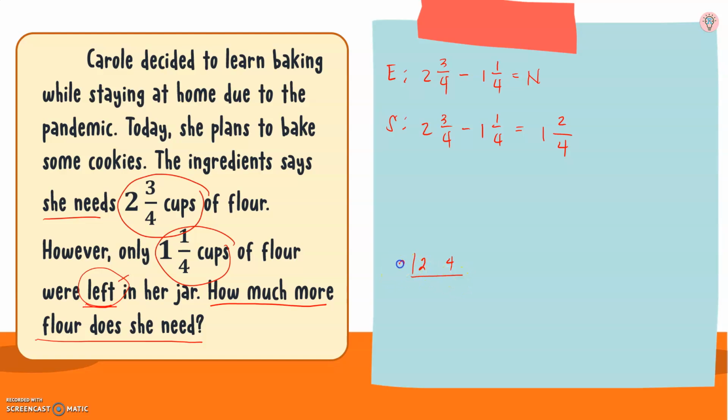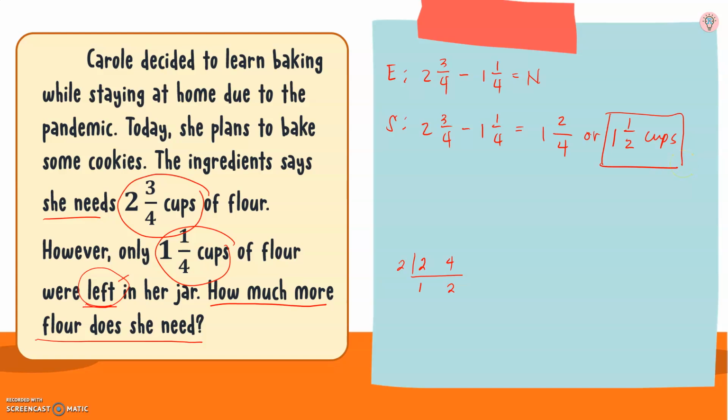And that is 2. 2 divided by 2 is 1, and 4 divided by 2 is 2. Therefore, the simplest form of 1 2/4 is 1 1/2. That means Carol needs 1 1/2 more cups of flour.